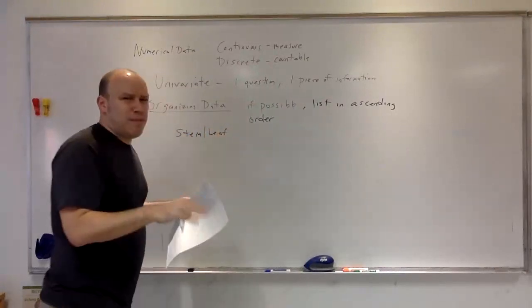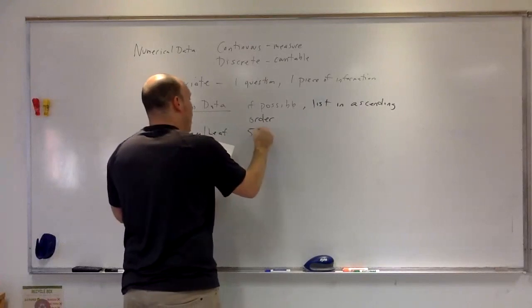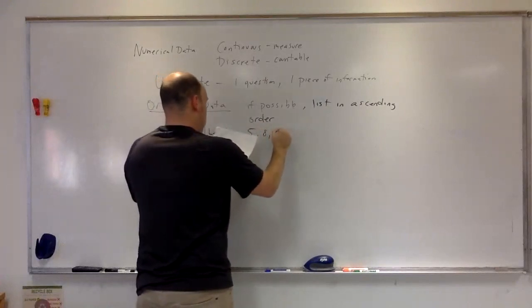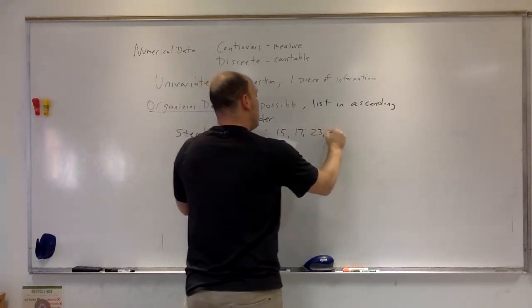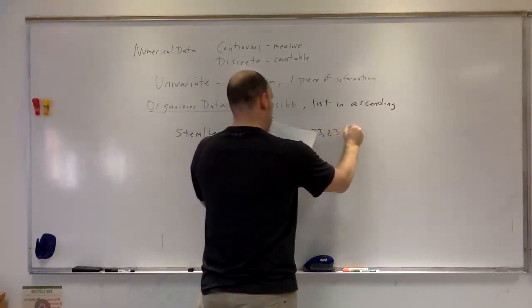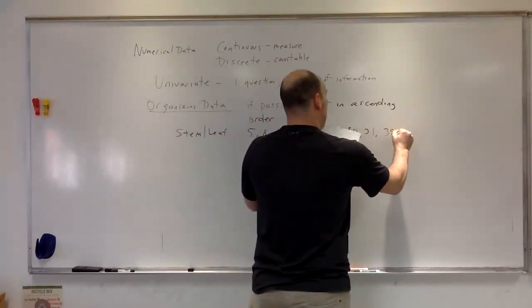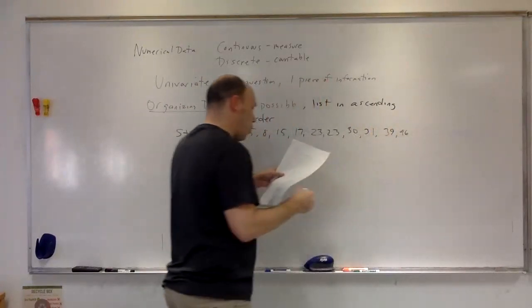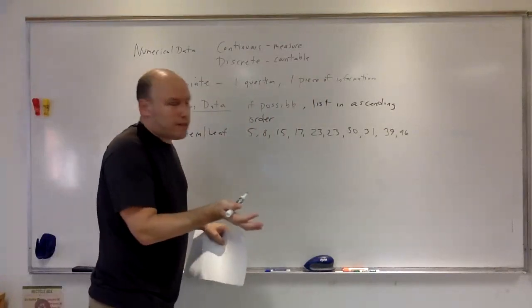The first thing we're going to talk about is stem and leaf. It's rarely used. It might show up. It's there, I'm just talking about it. So here are our data points: 5, 8, 15, 17, 23, 23, 30, 31, 39, and 46. The idea behind the stem and leaf is that you break up all these numbers.